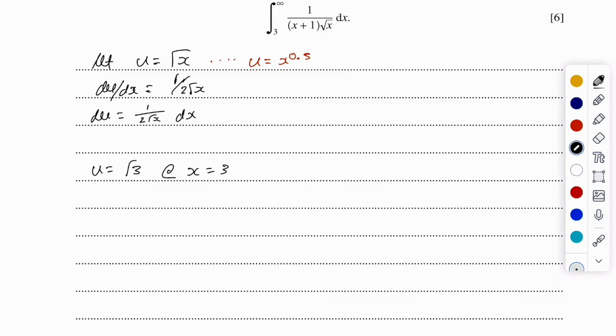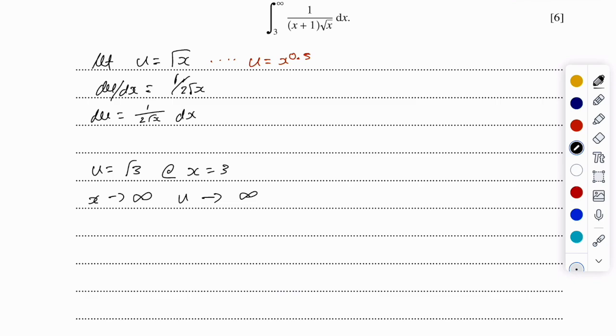And obviously, as x goes towards infinity, okay, we can say that u is also going to go towards infinity.